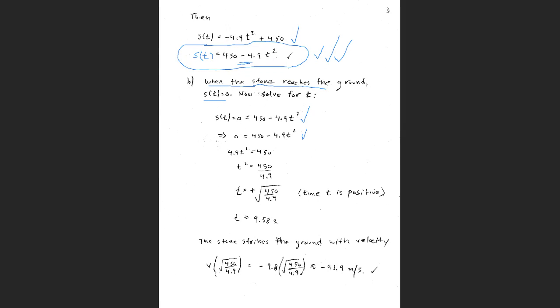And when you do that, you're going to get 4.9 t squared equals 450, which means t squared is 450 over 4.9. And to get the time t, you take the square root.